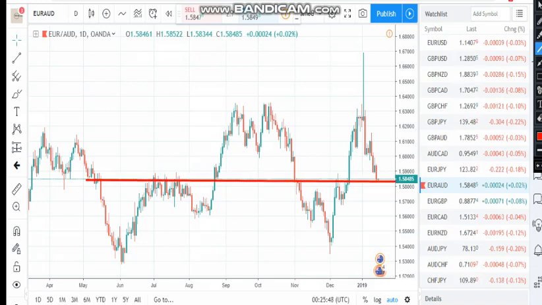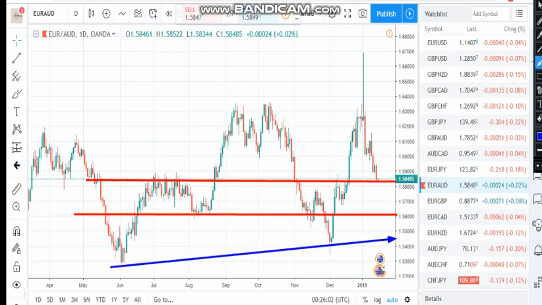Now that's a key support level, so we'll be watching all those levels closely as price moves, and then we'll take our profit target around that area of 1.55.